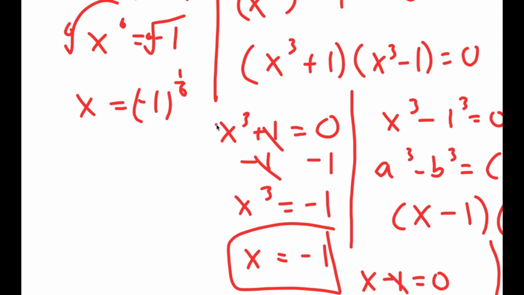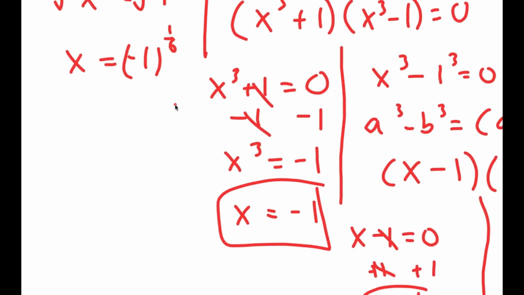So now, the 6th root of negative 1. We know that i is equal to the square root of negative 1, which is equal to negative 1 to the power of 1/2.